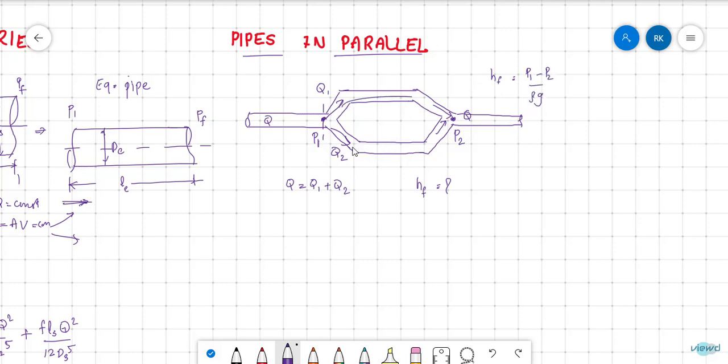So if any branches are there, the pressure is only P1 minus P2 by rho g. So there may be any number of branches, but the pressure drop is P1 minus P2 and head loss will be P1 minus P2 by rho g. So that will be constant. So HF1 is equal to HF2 is equal to P1 minus P2 by rho g. So head loss will be constant.